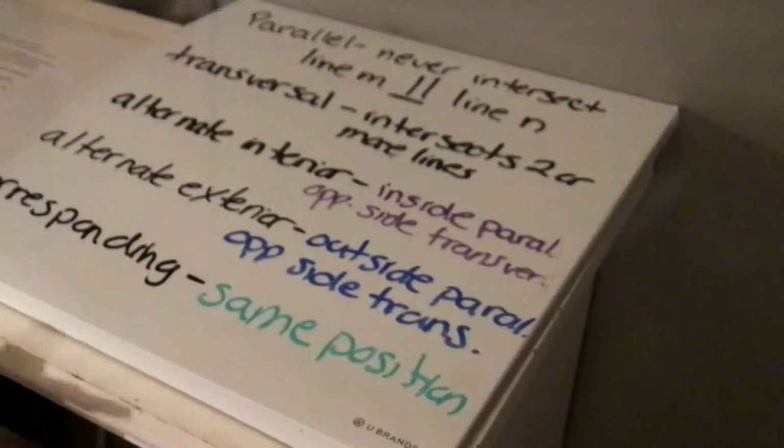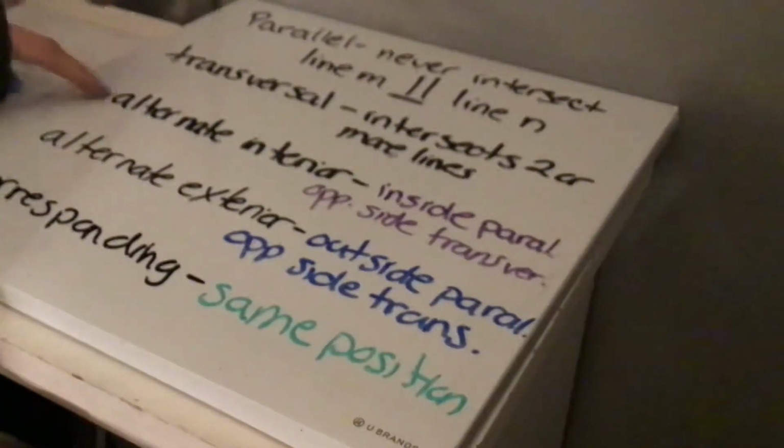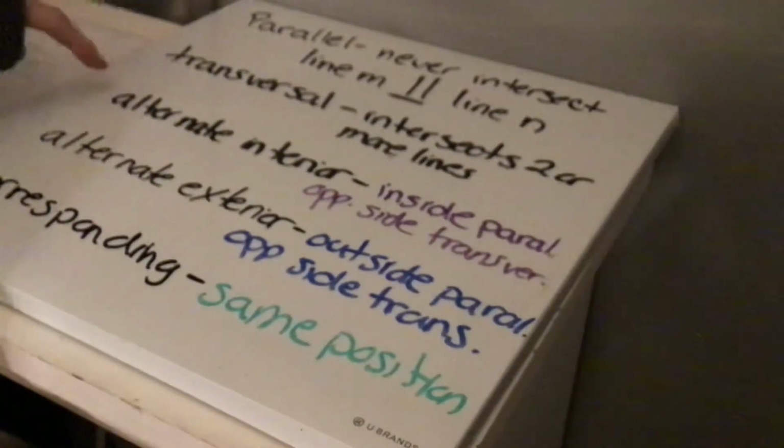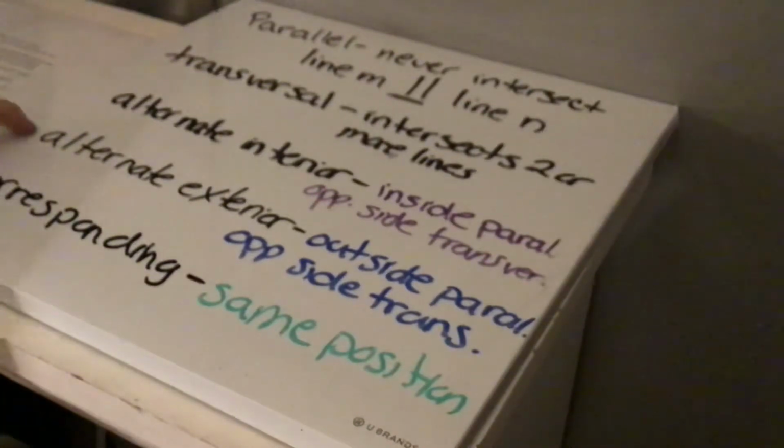We can also see we have vertical angles and supplementary angles, okay, which we already defined. So alternate interior angles are congruent, alternate exterior angles are congruent, and corresponding angles are congruent, meaning if they're an alternate interior pair, they have the same measure. If they're an alternate exterior pair, they have the same measure.